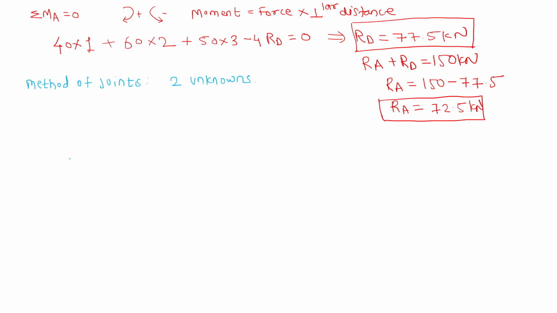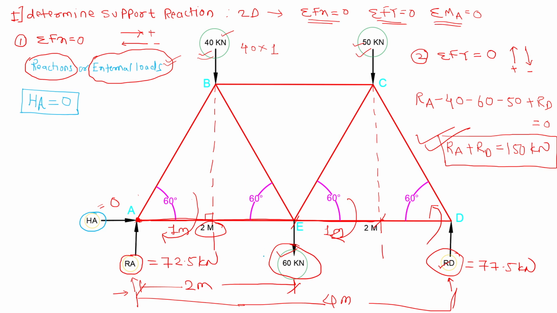Okay. So if we select joint A, at joint A, there is a reaction which is RA 72.5 kilonewton. There is HA which is equal to 0, right?